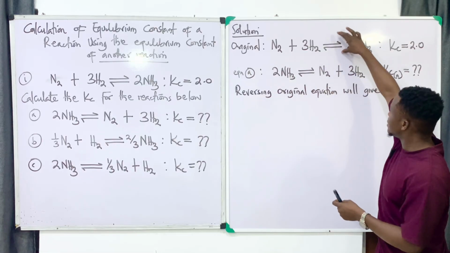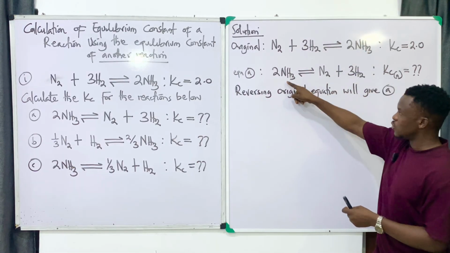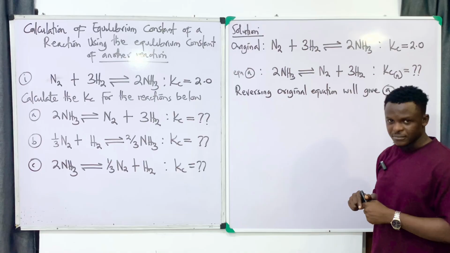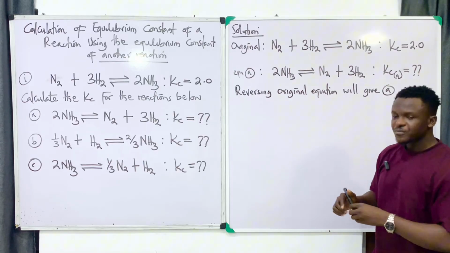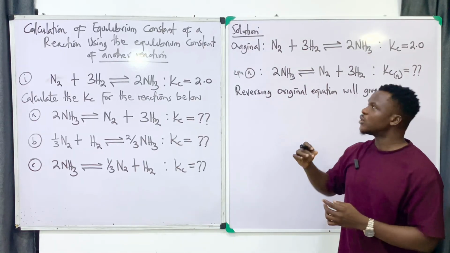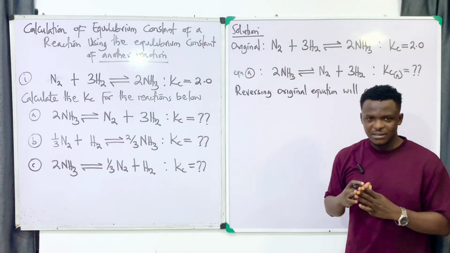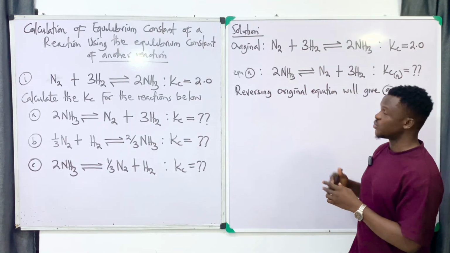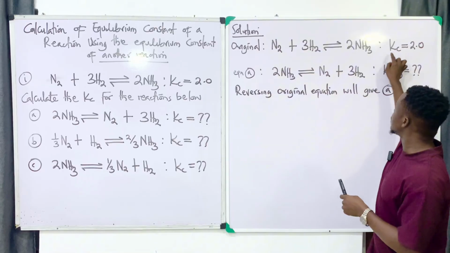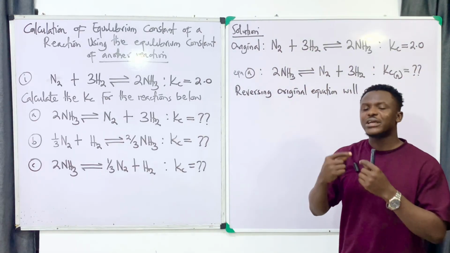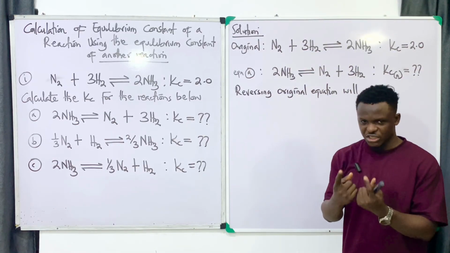So if you reverse this original equation, you're going to have this, right? Class, anytime an equation is reversed, the equilibrium constant will always be the reciprocal of what it was initially.